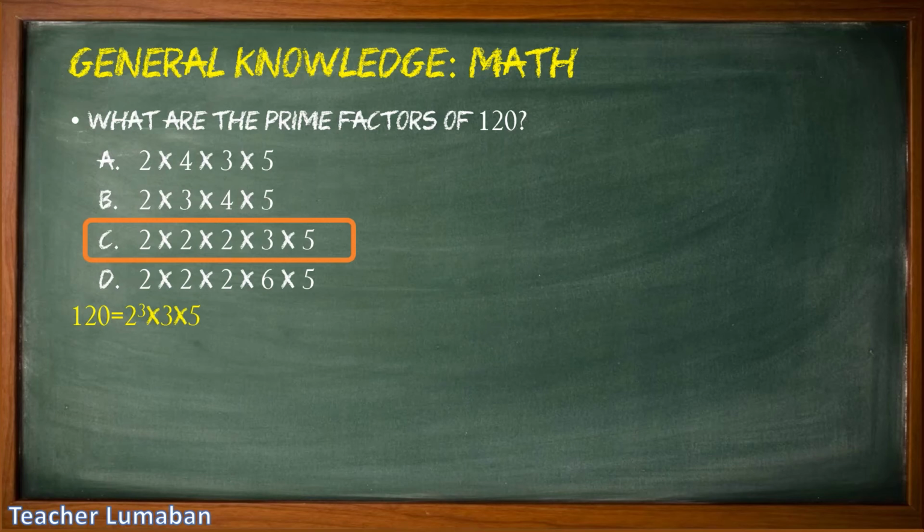Prime factorization can be nicely visualized by creating a factorization tree. 120 can be written as 10 times 12. 10 can be written as 2 times 5. 12 can be written as 2 times 6. 6 can be written as 2 times 3. The end nodes are the prime factors of the number 120.